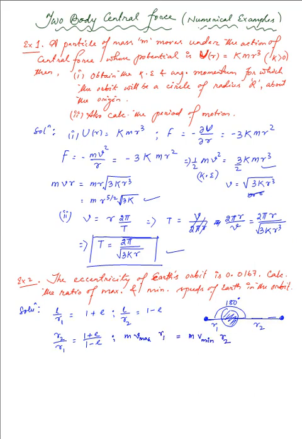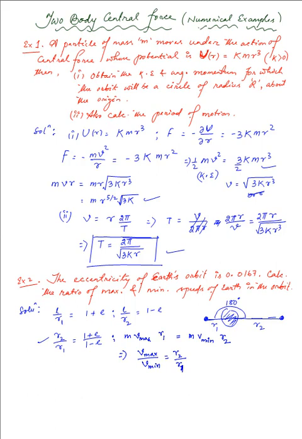The m's get cancelled out, so V max over V min is going to give me R2 over R1, which is exactly what we have on the left hand side of this equation.